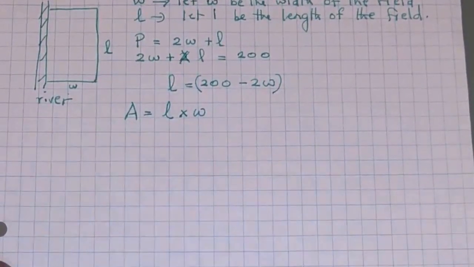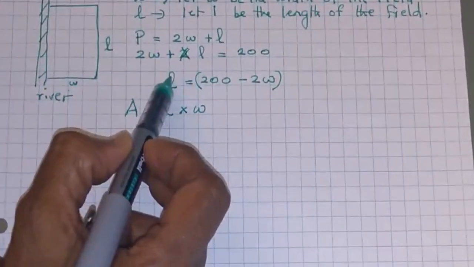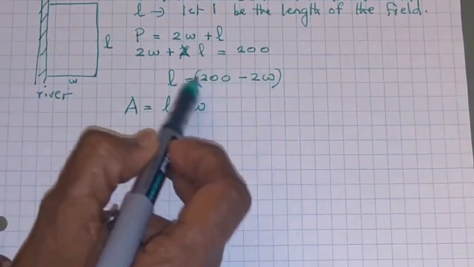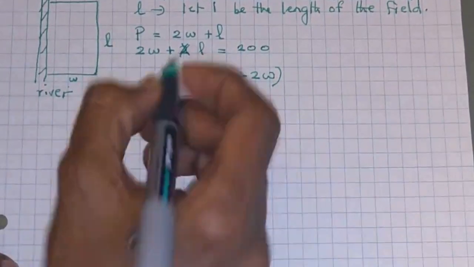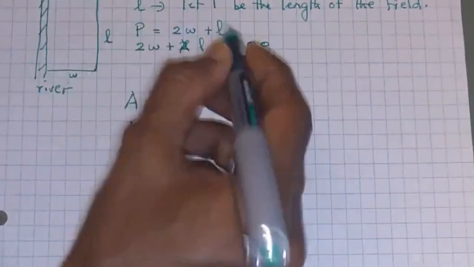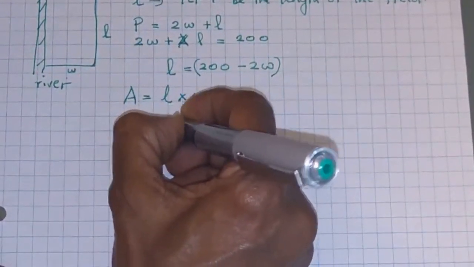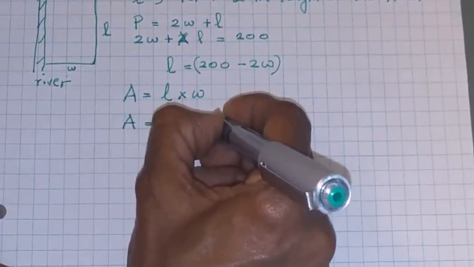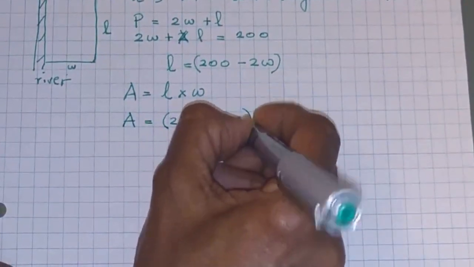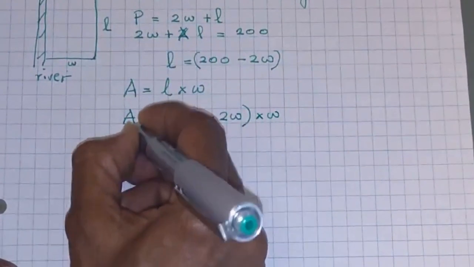Now for the length in here, I'm going to replace that with this expression which has W, so that I can have an expression in just the variable W. So this L is going to be replaced by 200 minus 2W, and that's going to be multiplied by W.